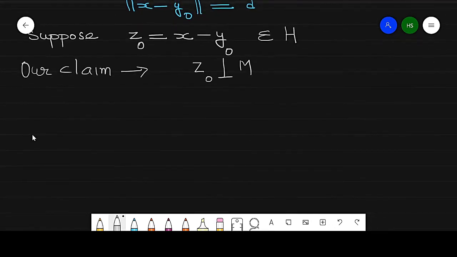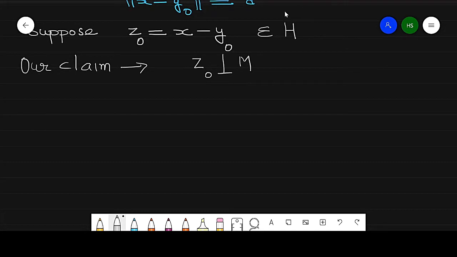We know that because x does not belong to M, y naught belongs to M, so it is a non-zero vector.